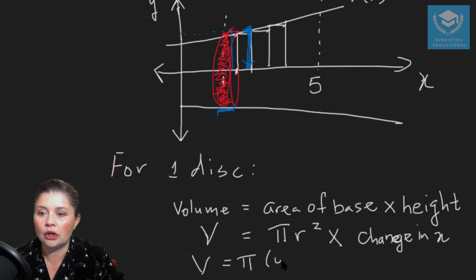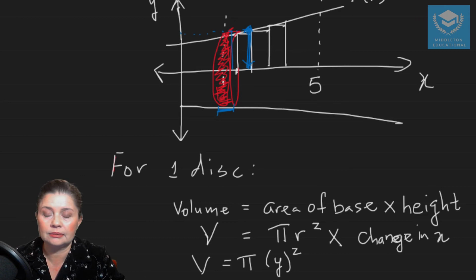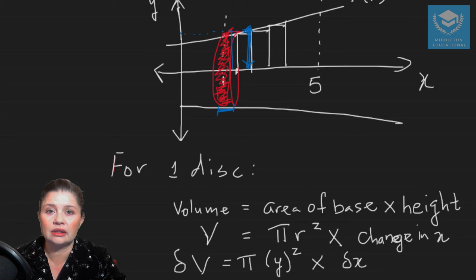So r is going to be y, and in this case it's going to be squared, times a change in x, and I'm going to use this notation here. This means you're looking at small increments in the volume, because what you want to do in the graph is to have these little slivers or disks as thin as possible, because you don't want to leave out any potential volume.